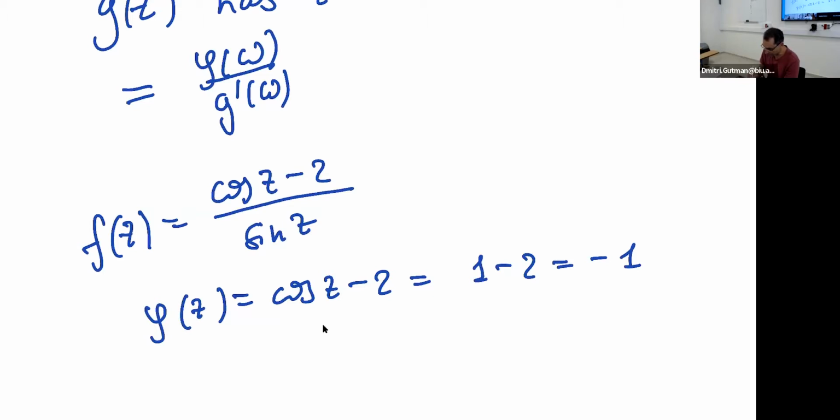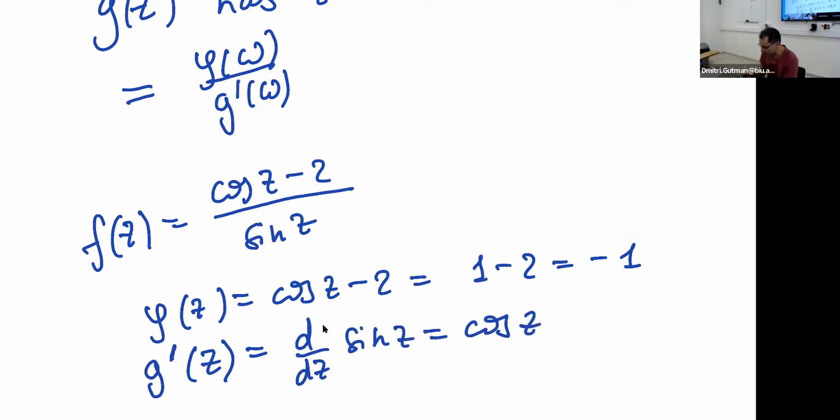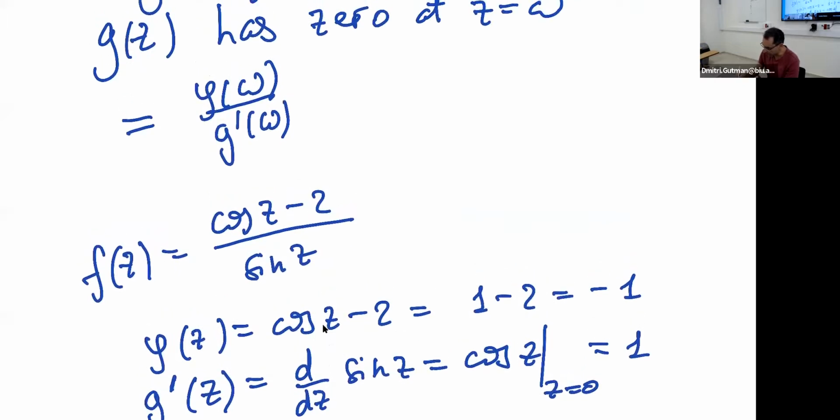And g prime of z at the point w was d over dz of sine z, which is cosine z at the point z equals 0, and we replace it by 1. And therefore, we got that the residue of this function was minus 1.